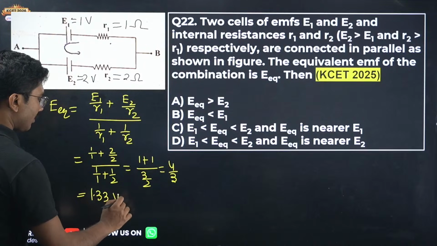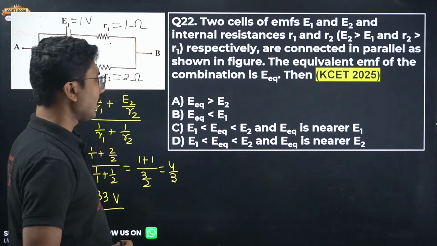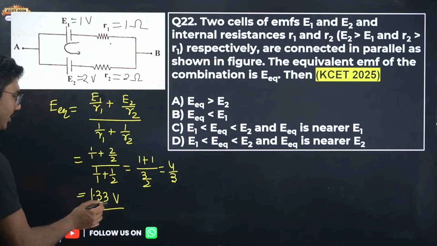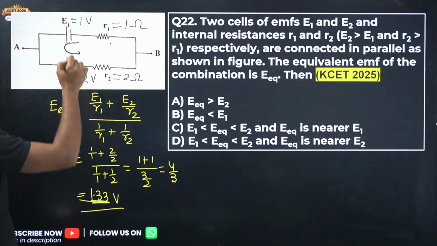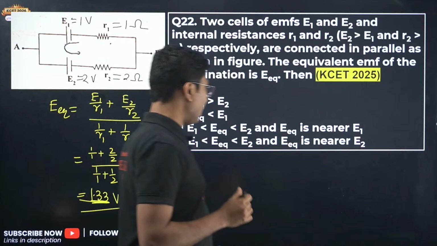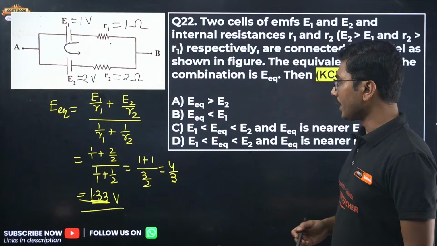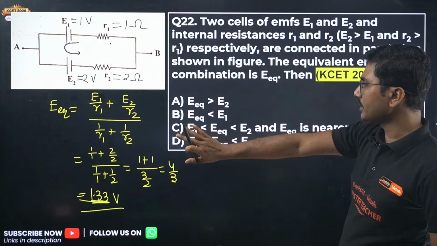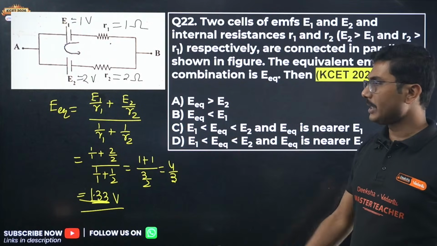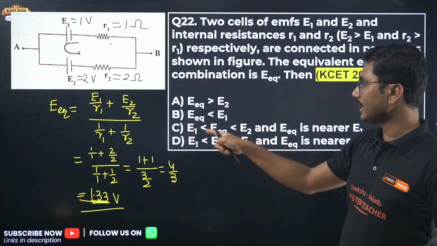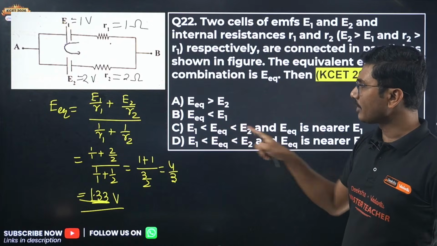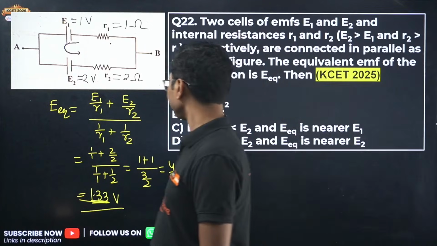Equivalent EMF is 1.33 volt. As you can see, 1.33 is between E1 and E2, so option C or option D must be correct. Here it is said E1 less than E equivalent less than E2, so that should be the correct answer.